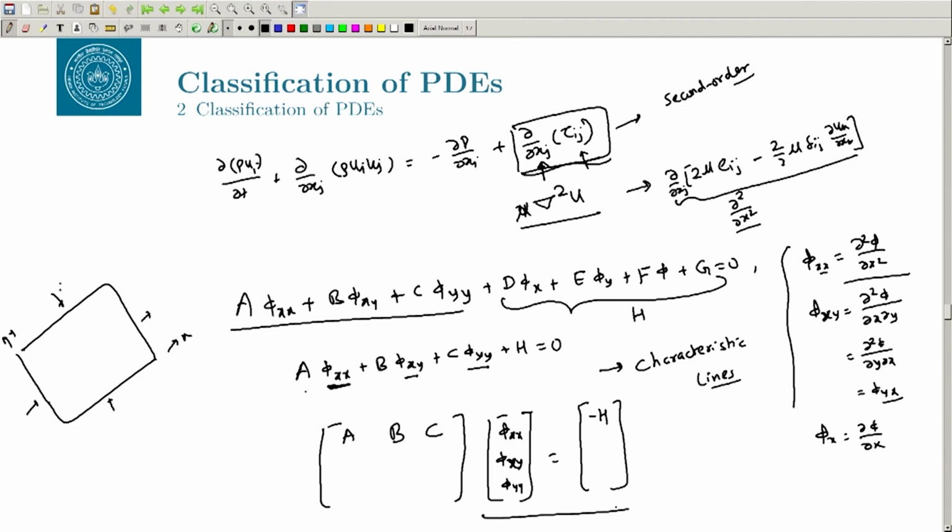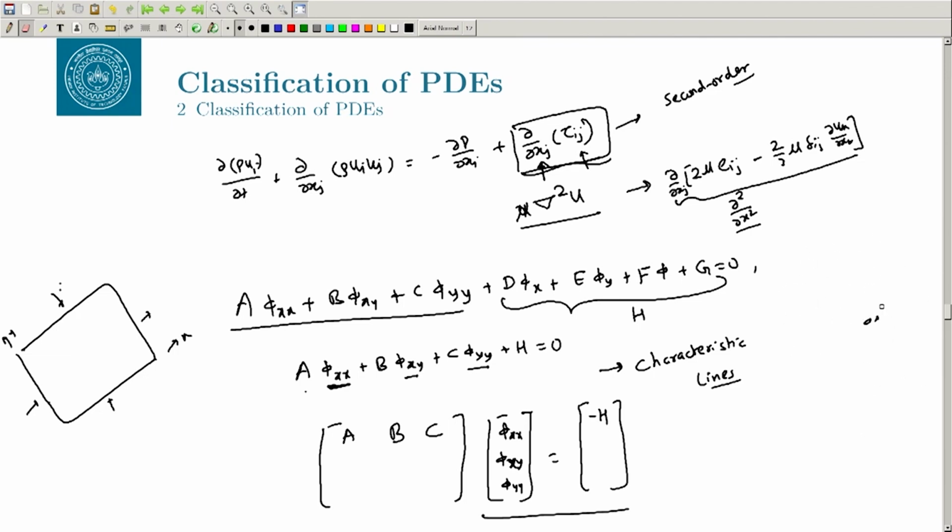So, what we will do, we will use the definition of the total derivative. We will call this just d phi x. How do we define d phi x? It is del 2 phi by del x square into dx, because phi depends on both x and y, remember that.